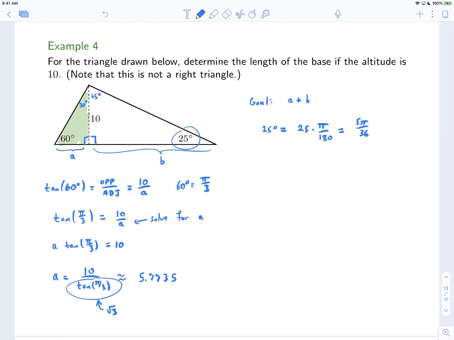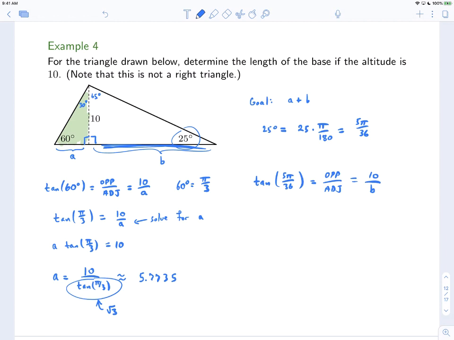So tangent of this 25 degree angle, 5 pi over 36, is again going to be equal to the opposite over the adjacent. But now we're looking at this angle here. So the opposite side is 10, and the adjacent side is b.